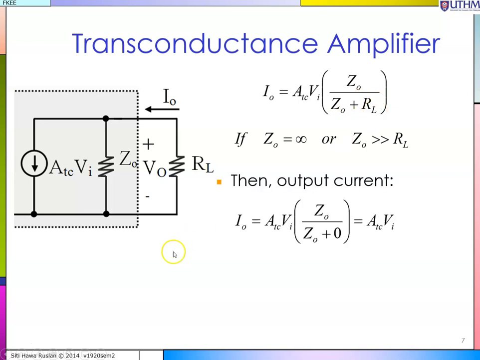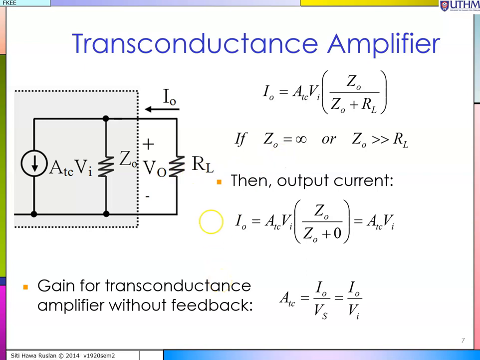So the output current Io will equal Atc Vi, meaning that we don't need Zo because the current will be very small. With this, we can minimize the effect of the load resistance. So that's why for the transconductance amplifier, the output impedance must be infinity.